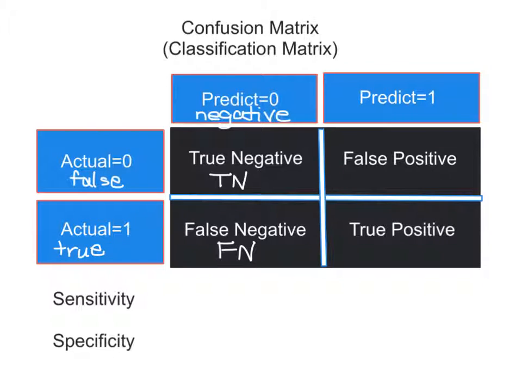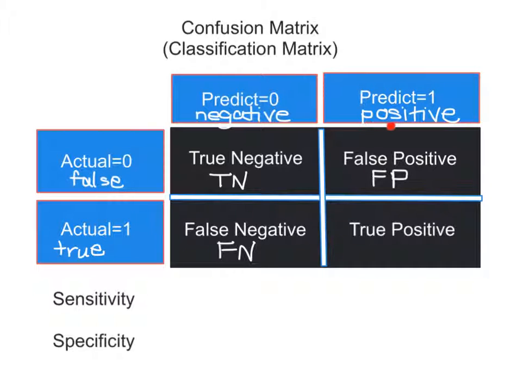If we predict a 1, we're predicting a positive result. And if we predict that positive result when the actual is 0, a false result, then we have a false positive.